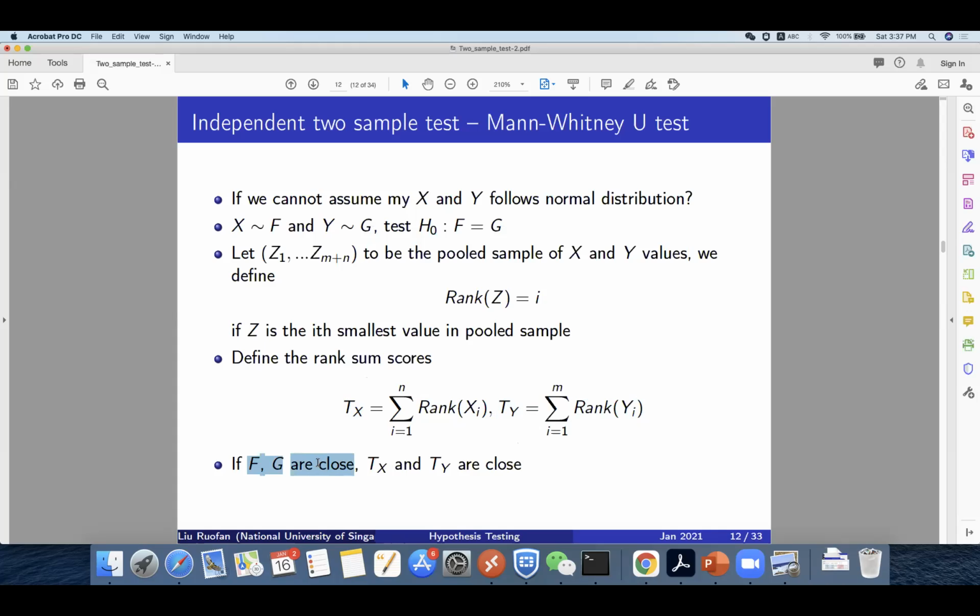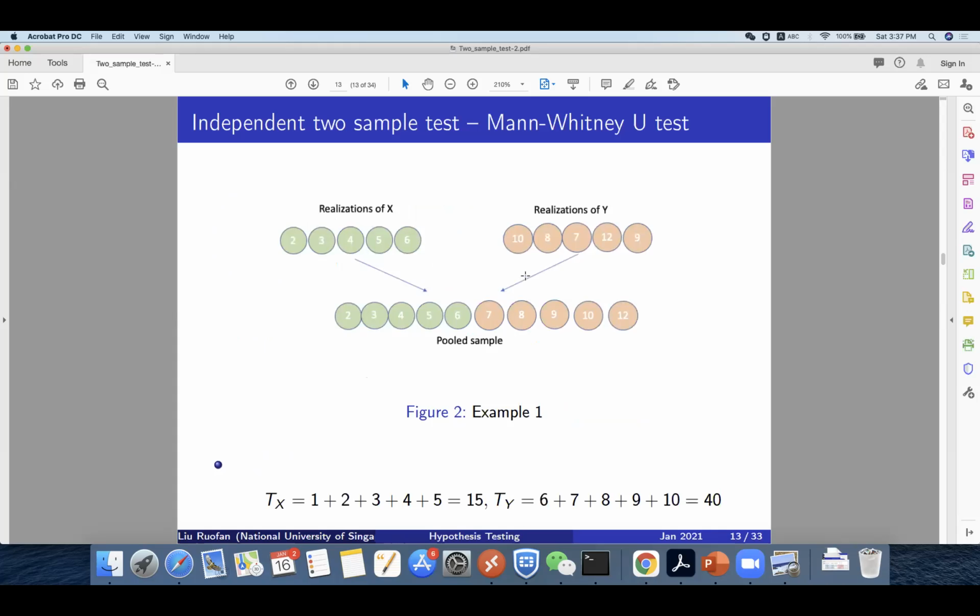If f and g are close, then when we pool x and y together and rank them, the rank sum for x and y should be close. So for example, I have some realizations of x and some realizations of y, and we sort them. It's easy to observe that the distribution of x is very different from y, because all realizations of x are ahead of the realizations of y. So I can compute Tx.